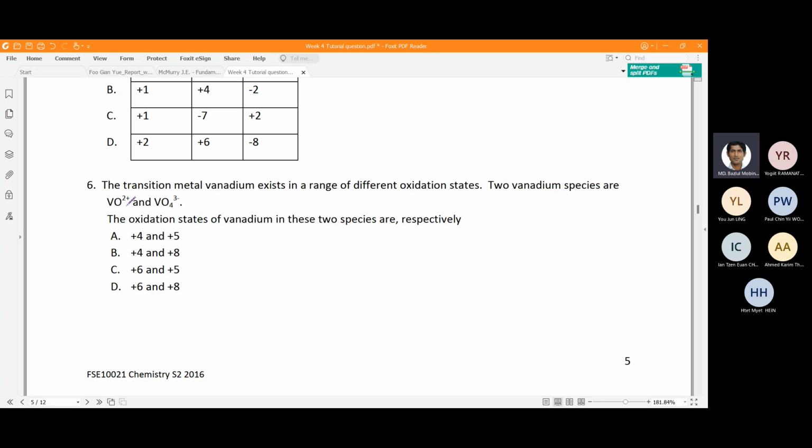We do not know vanadium, so just consider it's +X, and oxygen is -2, and then equal to +2, because the whole charge it is carrying is +2, right? So in this case, vanadium will be +4. And in this case, vanadium will be +5. So A is the correct answer.